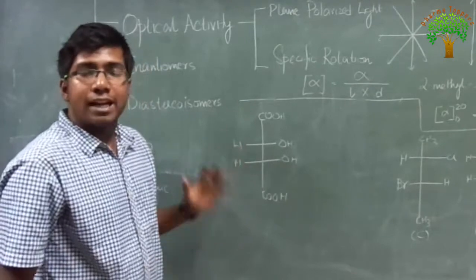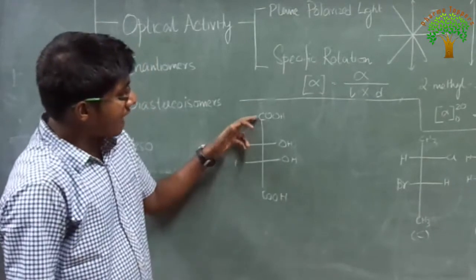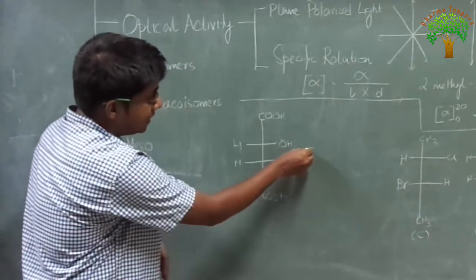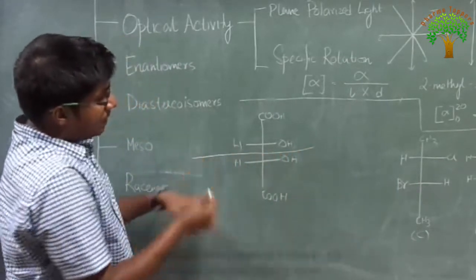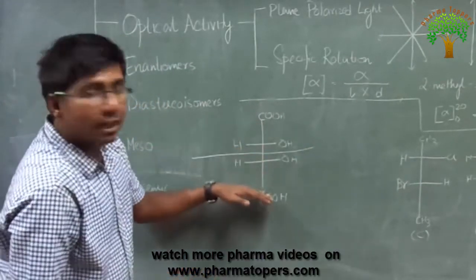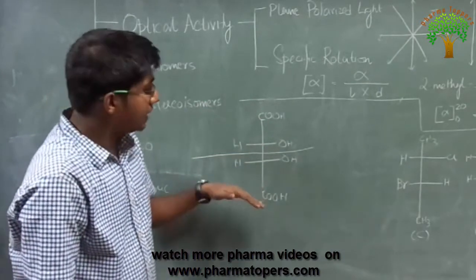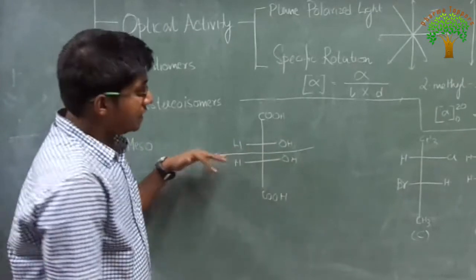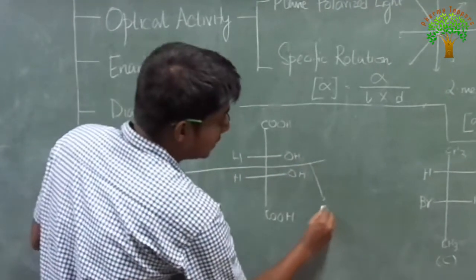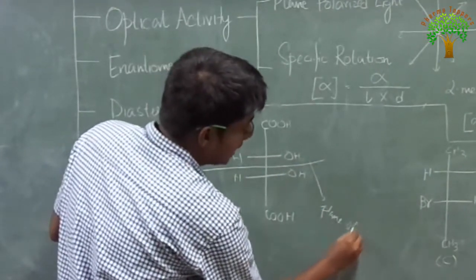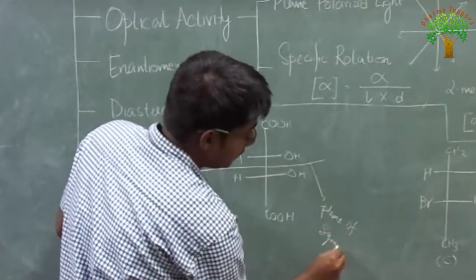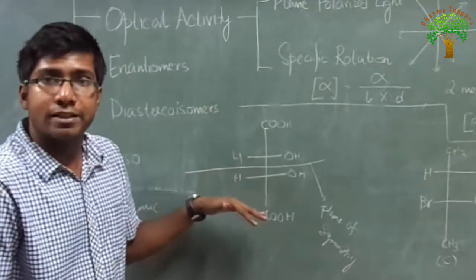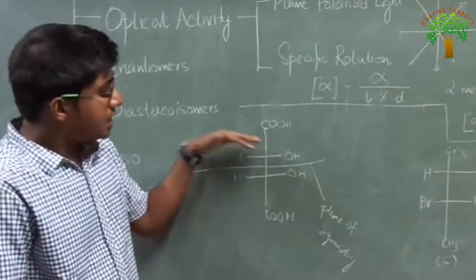If you see that the end carbons are similar, and if you divide this compound through the middle, this part is exactly equal to this part. The compound can be divided into equal halves. This is called a plane of symmetry. Compounds like this, which have a plane of symmetry, are known as meso compounds.